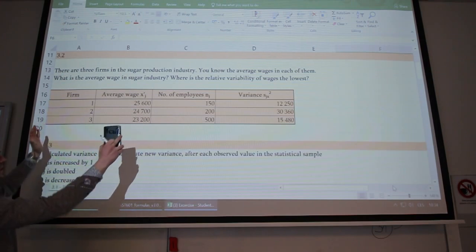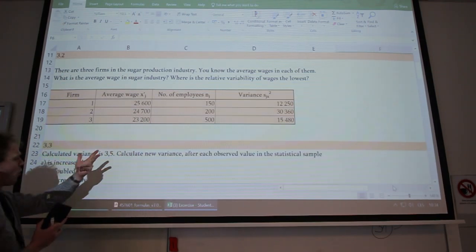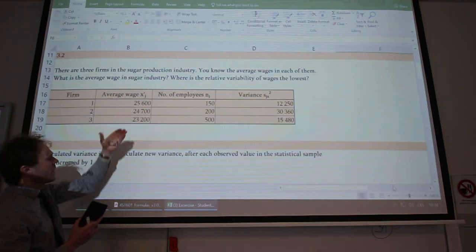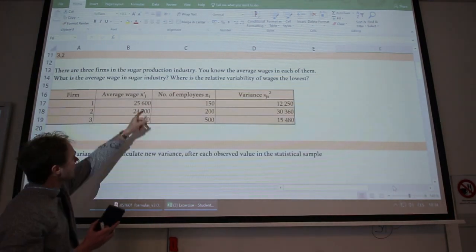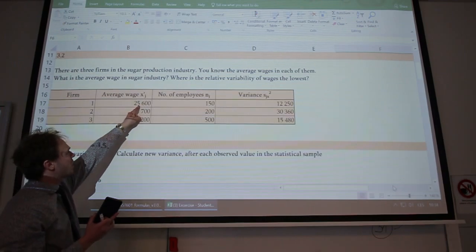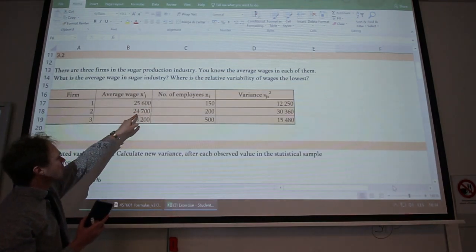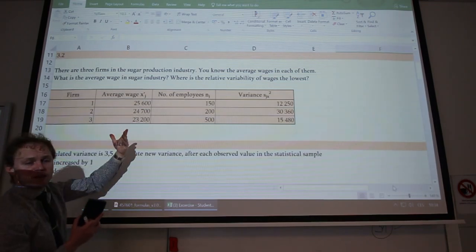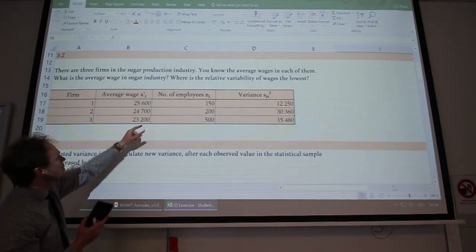So we have here a data set of 3 firms. Average wage in the particular firm, XJ with stripe: we have here 25,600, 24,700, and there is the lowest individual average, 23,200.